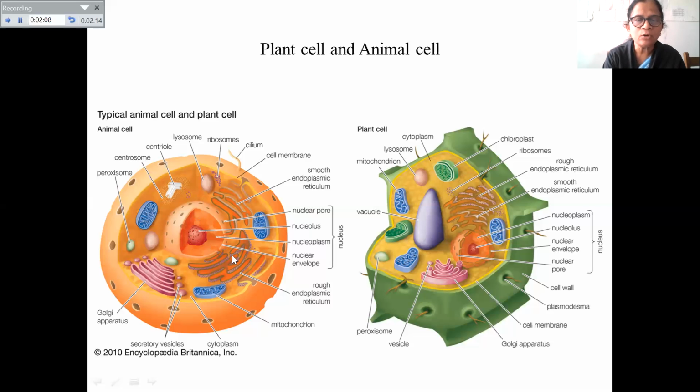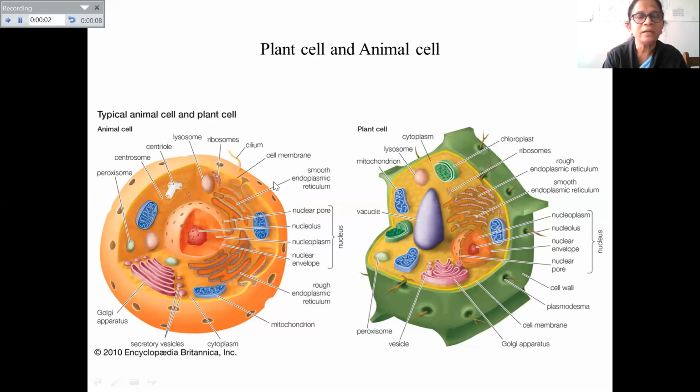Endoplasmic reticulum shows 2 types: RER, that is rough endoplasmic reticulum, because ribosomes are present there, and this is the smooth endoplasmic reticulum. Then the Golgi complex or Golgi bodies are present. This is the mitochondria. Centriole is present in animal cell, but in plant cell, this centriole is absent. Lysosomes are present, which contain many digestive enzymes.